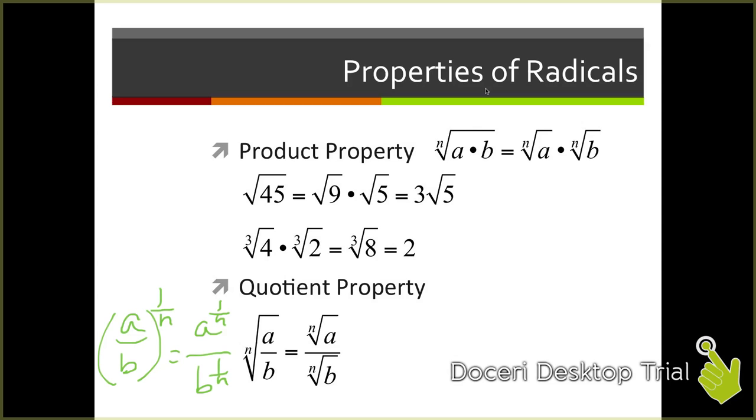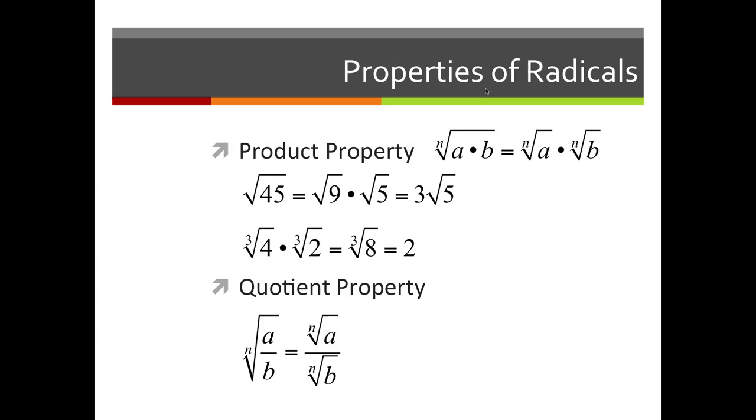Okay, so again, same property, but written in radical form. And so the radical property actually says if I'm taking the root of a quotient, A over B, then I can take the root of the numerator and the root of the denominator separately. And again, this property can work in either direction.